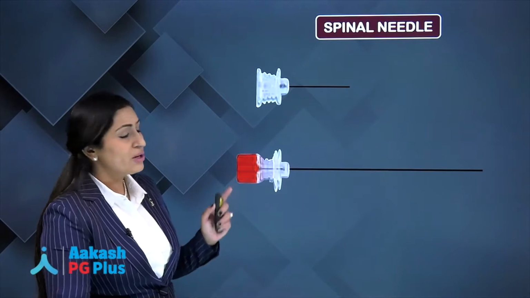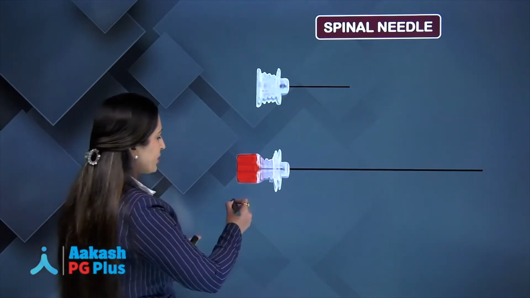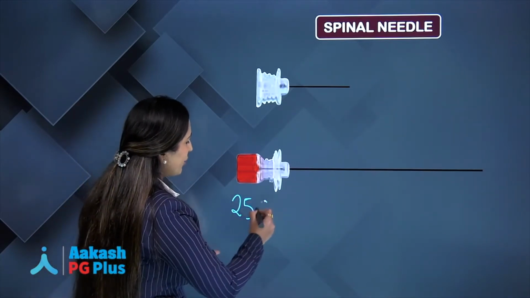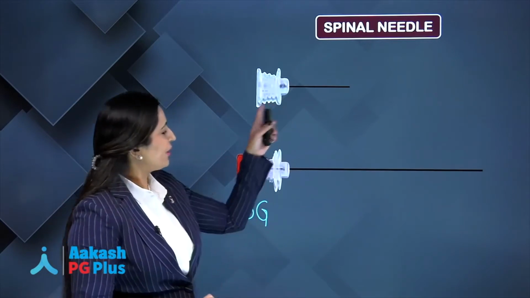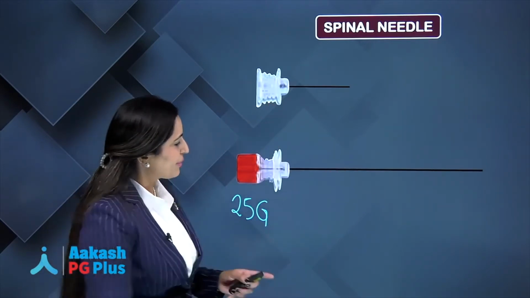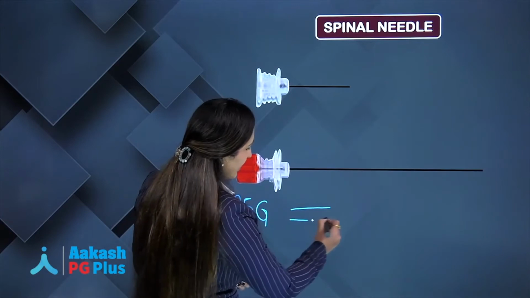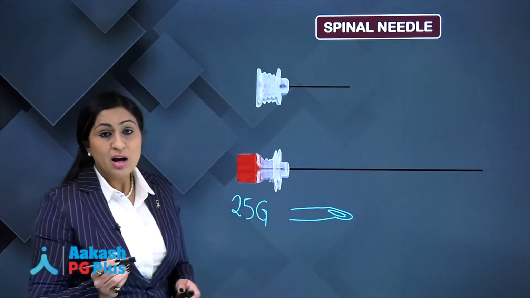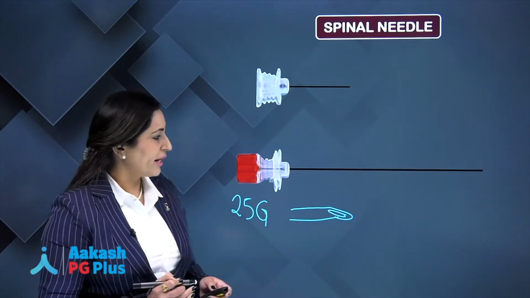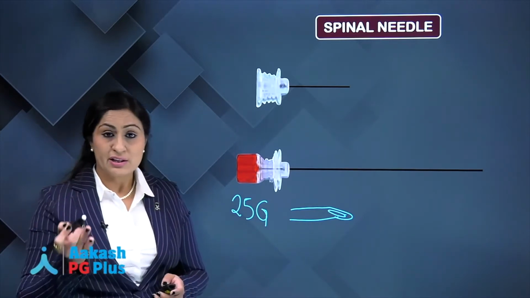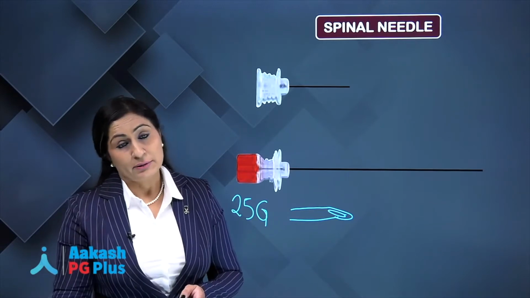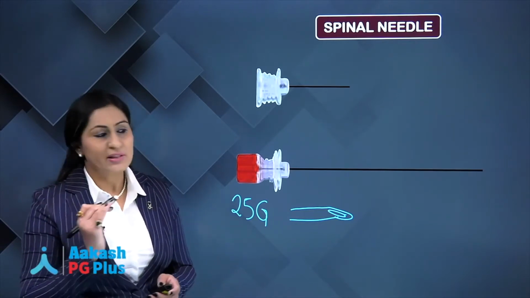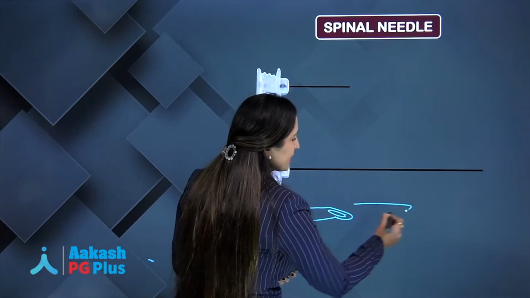So that's your spinal needle. As I told you, this is 25 gauge Quincke's needle, and that's the introducer. This is Quincke's because the bevel of this needle is something like this. It is a dura cutting needle, right? Whereas the other needles, that is Pencan and Whitacre, they are dura piercing needles, and their tip is like this.